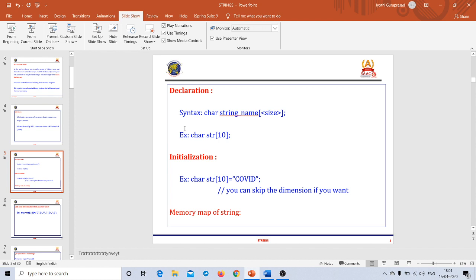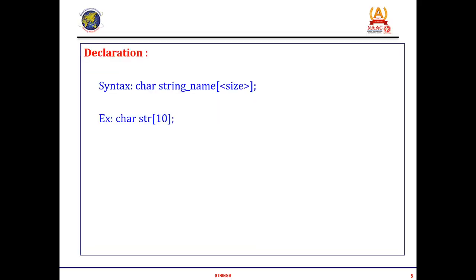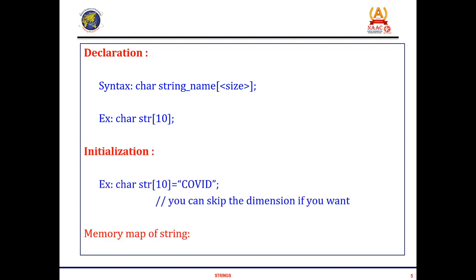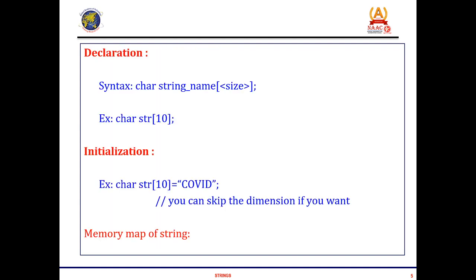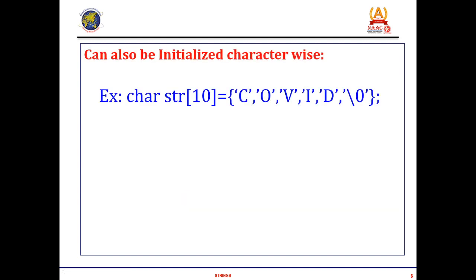Let us get back to the PowerPoint slide, and this is what we have seen so far. We can also initialize the string character wise, right? Now if you look at the previous slide, we had the entire word COVID enclosed in a pair of opening and closing double quotes. But here, I have enclosed each character in single quotes.